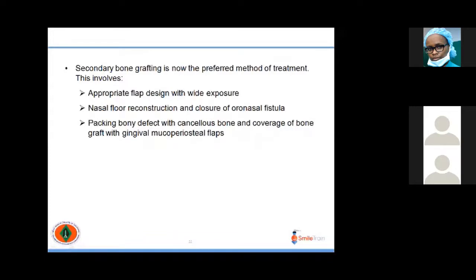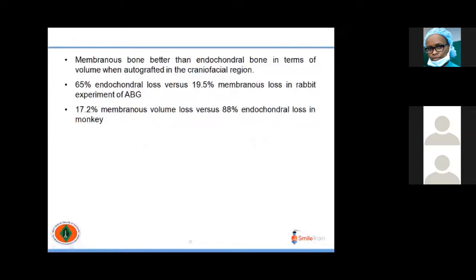There are two types of bone that can be used: membranous bone and endochondral bone. Research carried out on both rabbit and monkey has found that membranous bone is far better than endochondral bone, because the volume of bone left in the cleft after grafting is more with membranous bone.